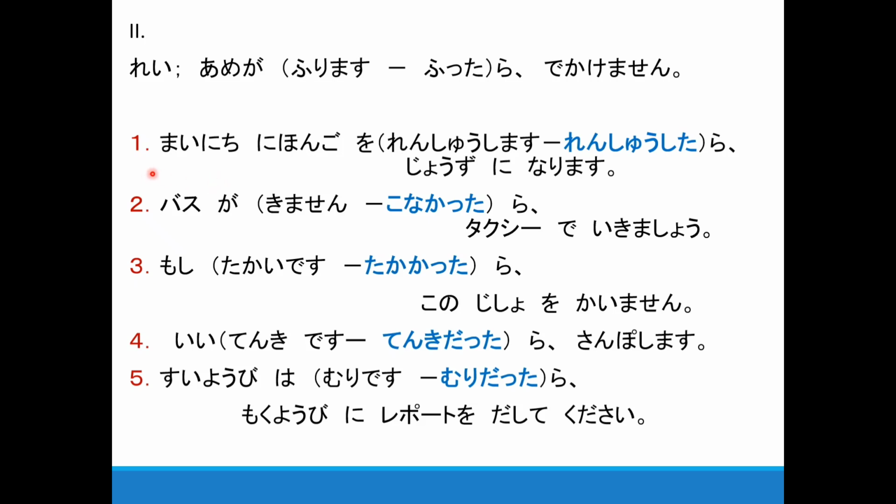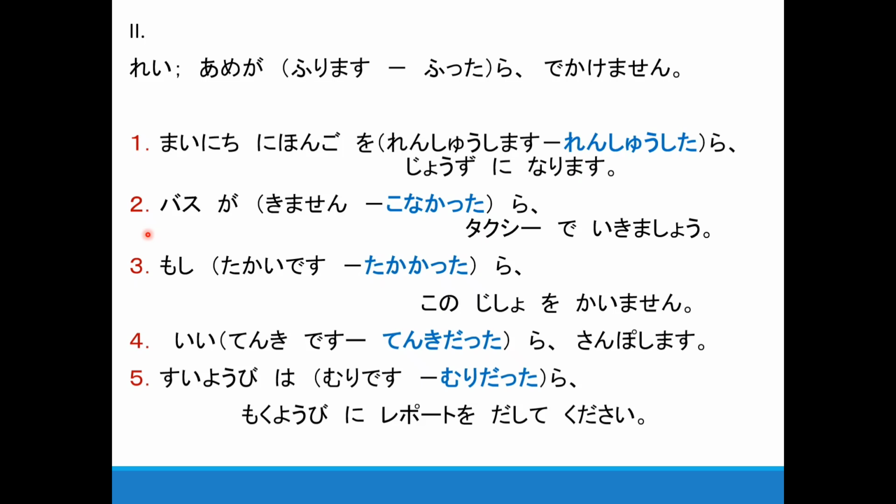Number 1: 毎日日本語を練習します。練習したら上手になります。毎日日本語を練習したら上手になります。練習します changes to 練習した, plain past form.